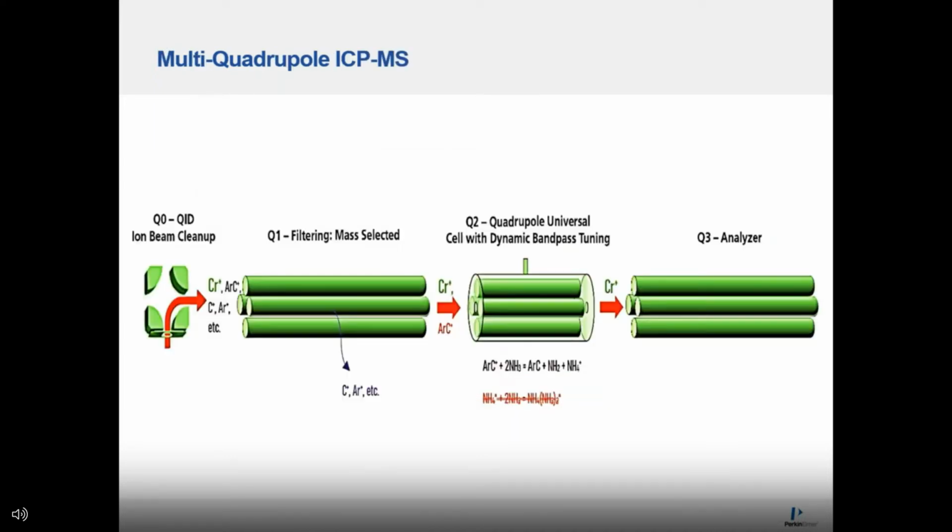In the multi-quadrupole ICP-MS, as in the case of NexION 5000, there are 4 stages of active resolution. Two additional stages of mass resolution are the quadrupole before the Q1, which is the Q0. It replaces the traditional lens systems.